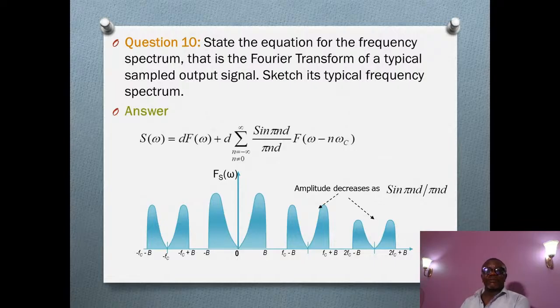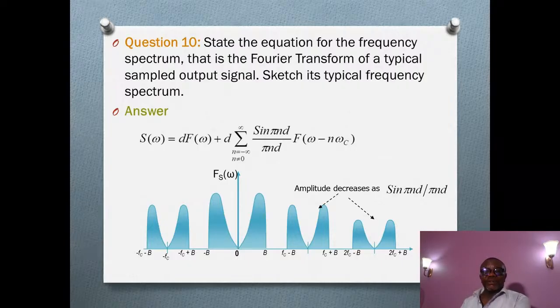When you do that, you have your Fourier transform of that signal, and it is usually as given in the equation: S of omega equals F of omega plus the summation from minus infinity to infinity, where n is not equal to 0, of sin(pi n d) over (n pi d) times F of (omega minus n omega c), where omega c is the carrier frequency.